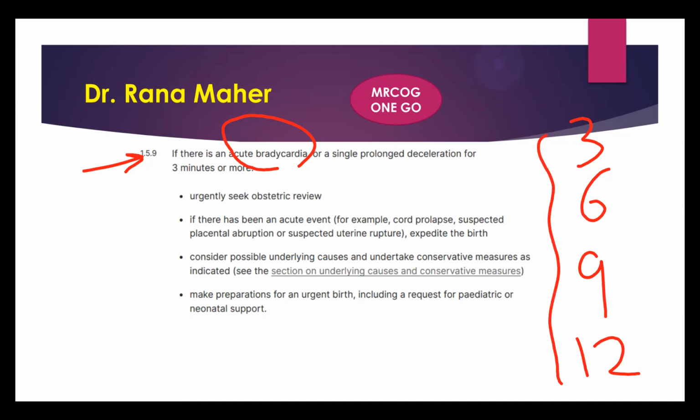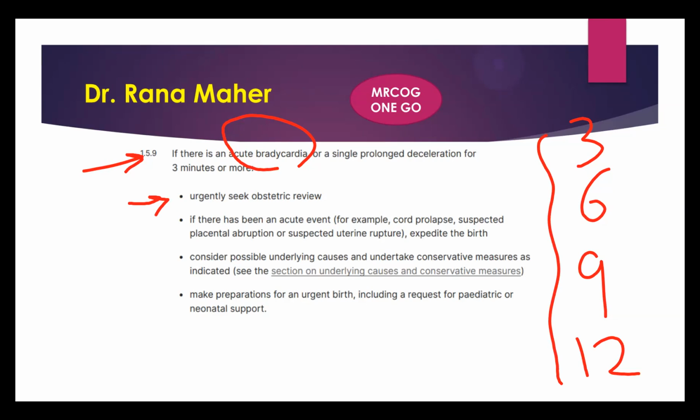So what we will do first, we will need urgent obstetric review. Okay, if there has been an acute event, for example cord prolapse, abruption, uterine rupture, we need to expedite the birth or the delivery. Consider possible underlying causes.